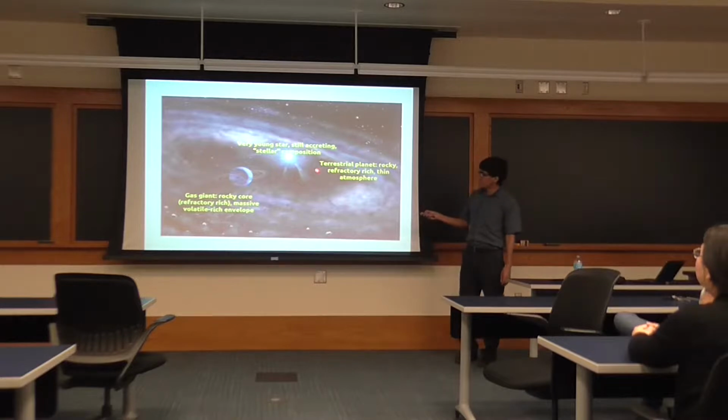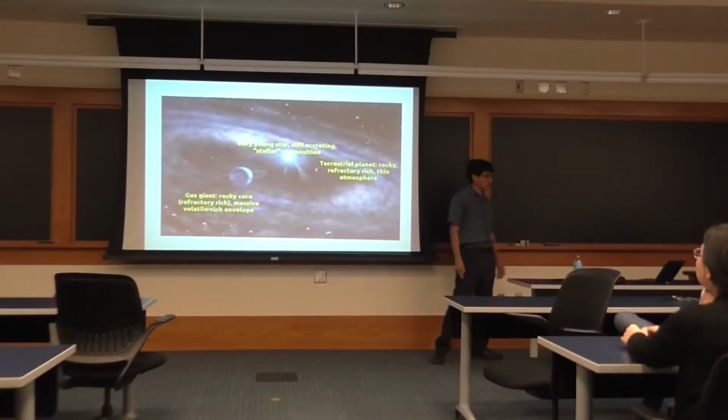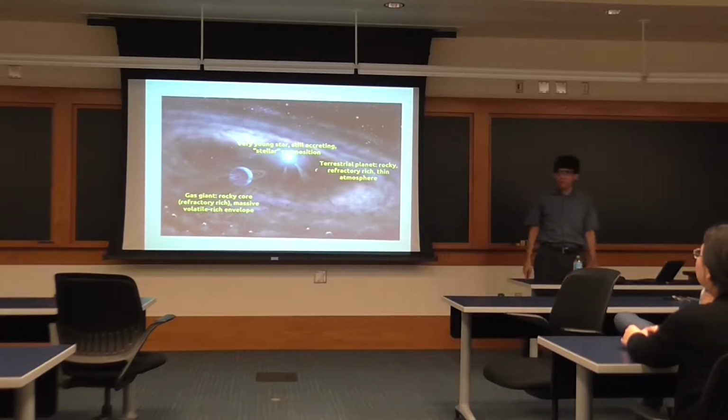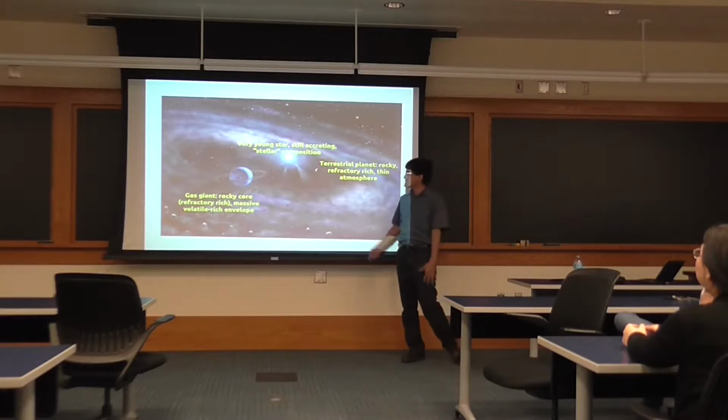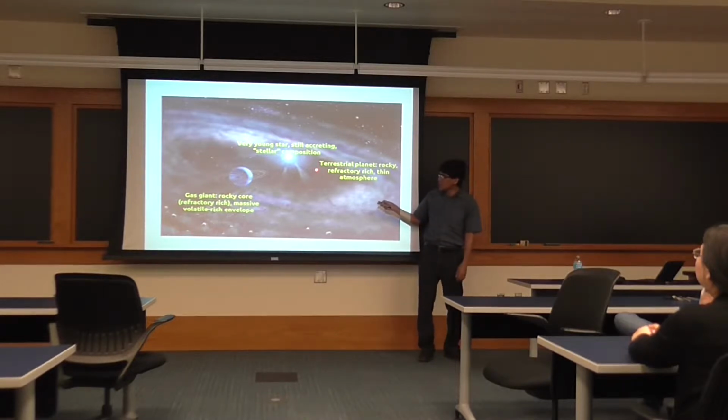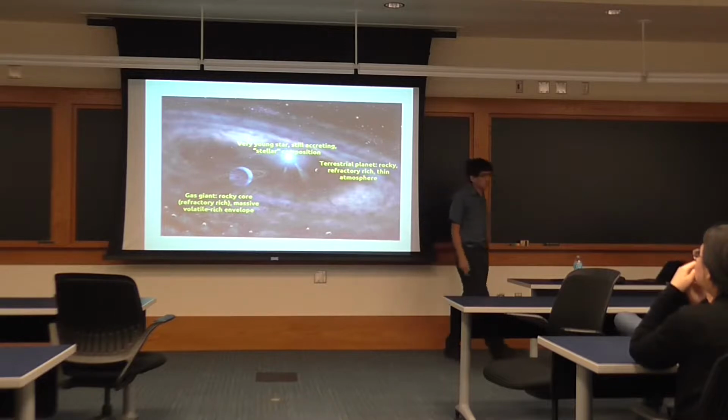On the other hand, when you have a little planet, little planets are rocky. Terrestrial planets, Earth-like planets are rocky. They're refractory rich. And they might have thin atmospheres or surface oceans and things like that. But the bulk composition of this object is also different from the composition of the star at the end. And it's also different from the composition of giant planets.